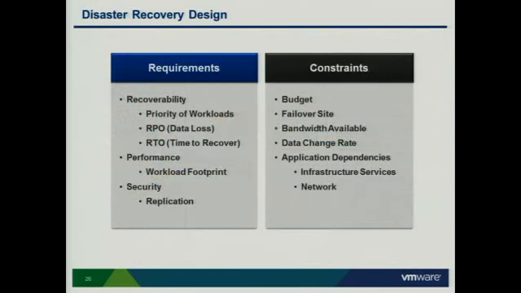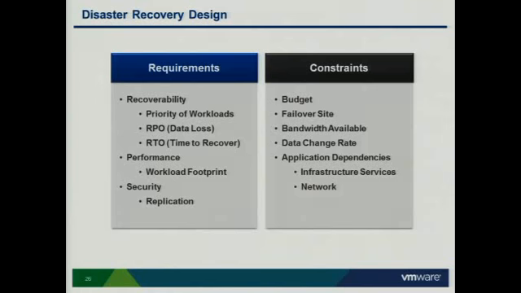So how would you go about starting your disaster recovery design? Where do you get started? First thing you need to do is define your requirements and identify your constraints. Just as an example, you need to identify how much data you're willing to lose for your systems based on priority, and how long those systems can be down.